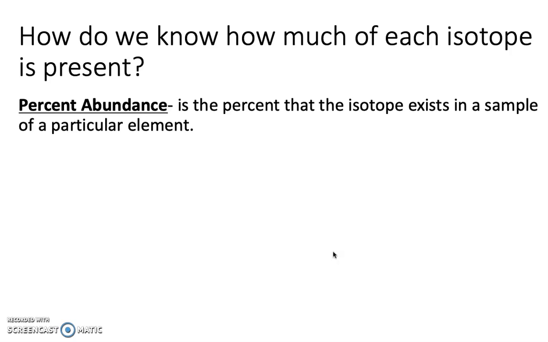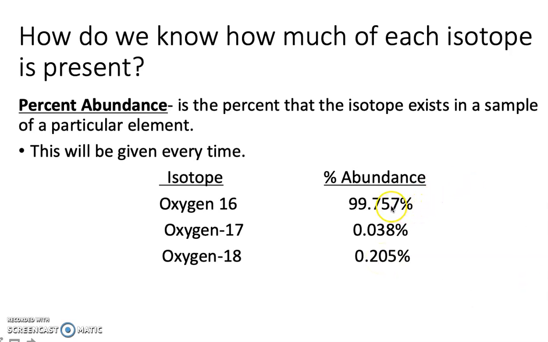They sample an element from different parts of the world, they check them, and out come results, and the results tell us these percents for oxygen. So when you have oxygen, you're going to get these three isotopes, and most of the oxygen is going to be oxygen 16, a little bit 17, and a little bit 18.